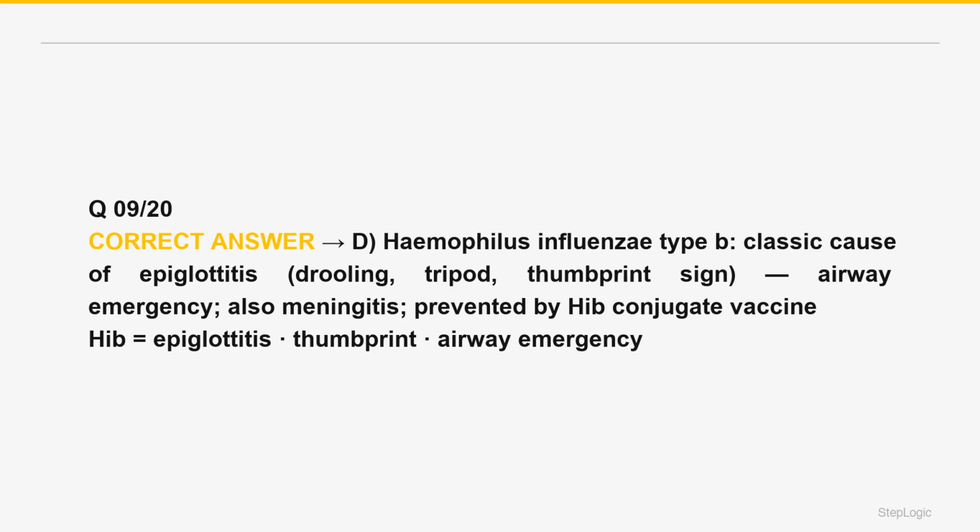H. influenzae also causes meningitis, otitis media, and pneumonia. It has become rare because of the Hib conjugate vaccine, so think Hib epiglottitis, especially in unvaccinated children. The thumbprint sign and tripod position airway emergency is Haemophilus influenzae type B epiglottitis.